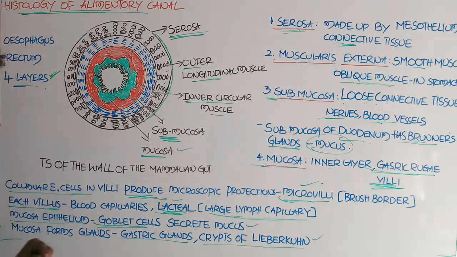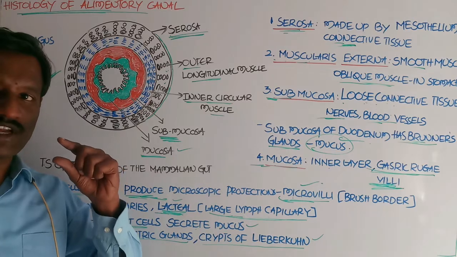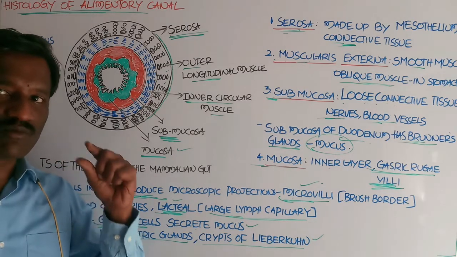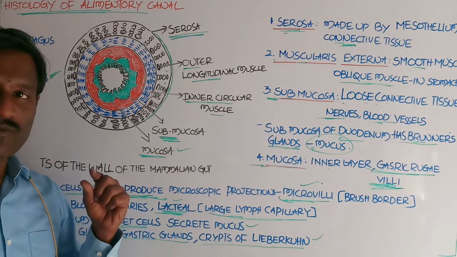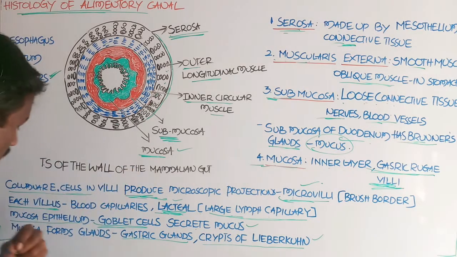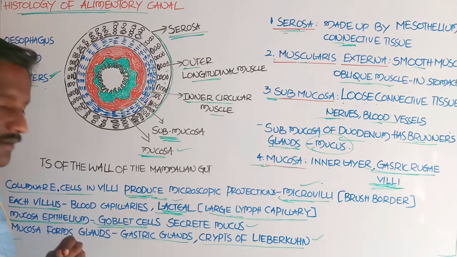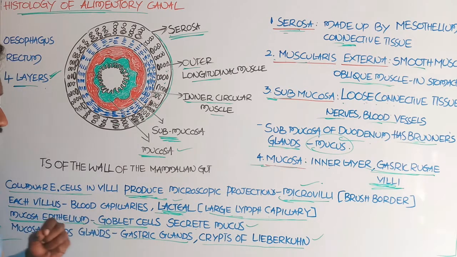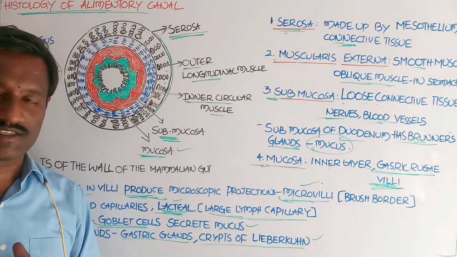Okay students, now the mucosa epithelium, the innermost layer called the mucosa. The mucosa epithelium has goblet cells in some regions.